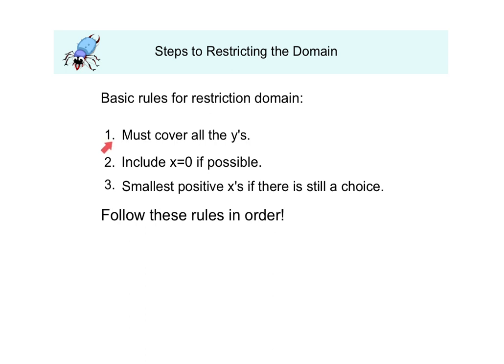You must choose part of the domain that covers all possible y values. You must, if possible, include x equals 0. Sometimes it's not possible, but when it is, you should choose it. And then if there's still a choice, you should choose the smallest positive x's. And you should follow these rules in order.